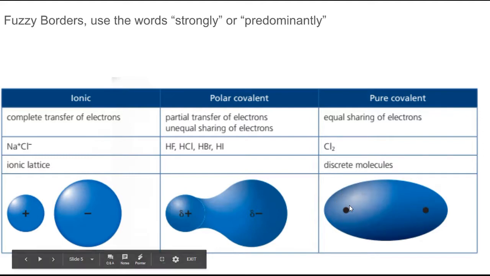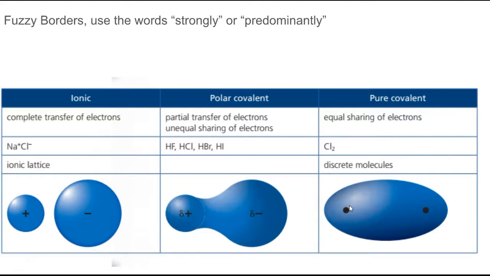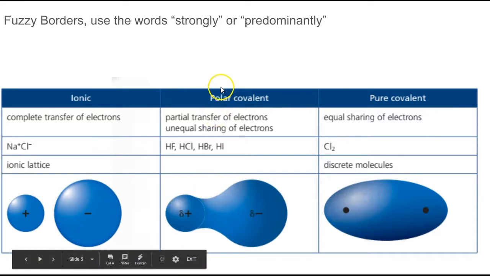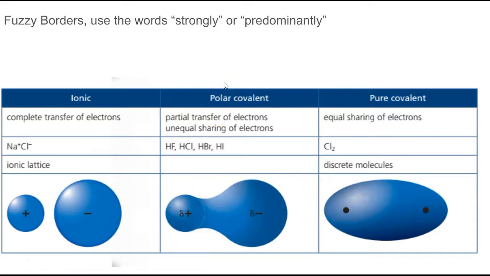Now, it is hard to denote what electronegativity difference would lead to a covalent bond between a polar covalent bond and ionic bond. And so when you're doing these descriptions for the IB, it is incorrect for you to say ionic or polar covalent or pure covalent.